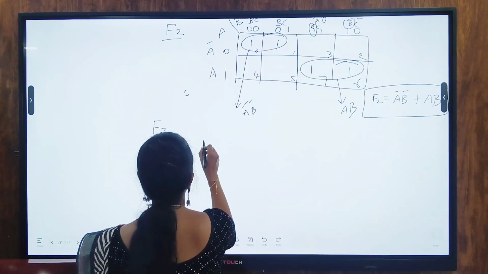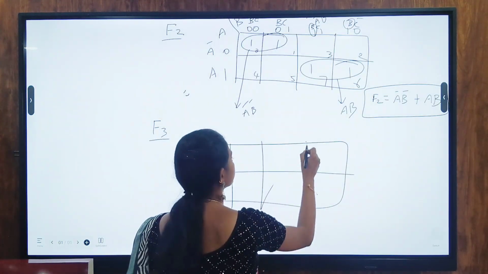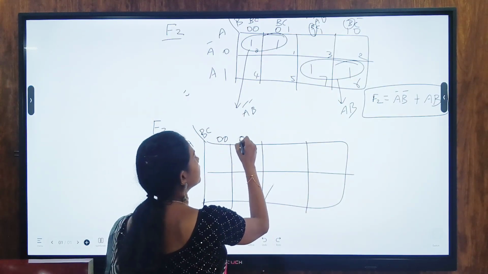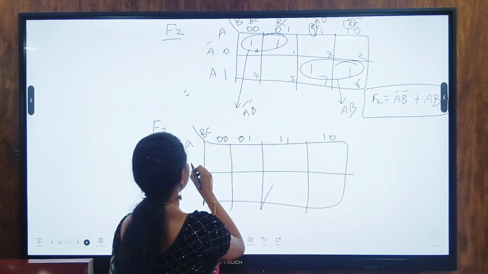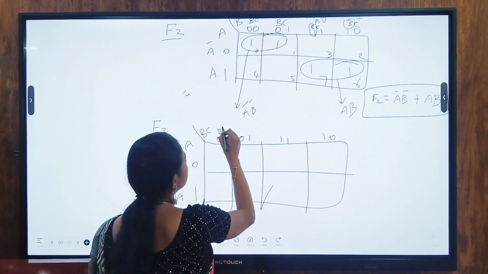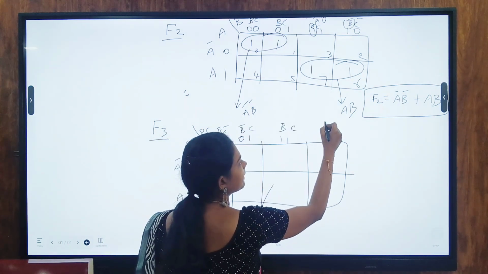F3. A, B, C. 0, 0, 1, 1, 0, 0, 1. A bar, A, B bar C bar, B bar C, B C, B C bar.